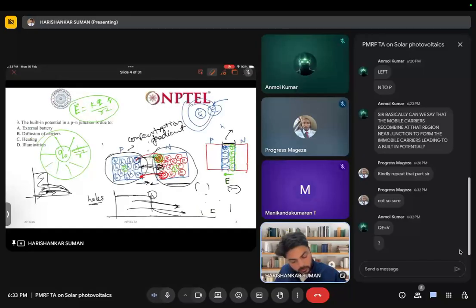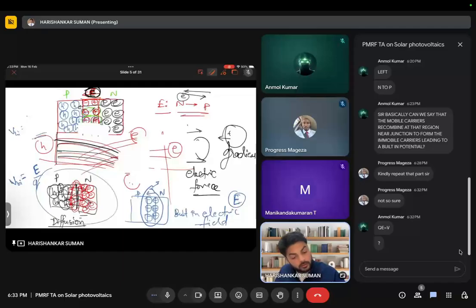So we get the built-in potential due to the electric field. If charge is there, the electric field is always there, and also the potential due to the available charge.